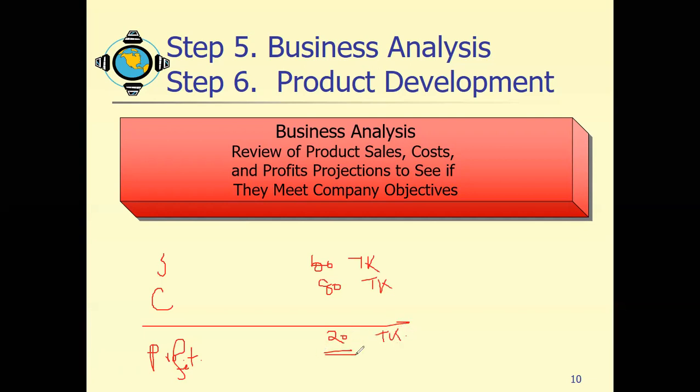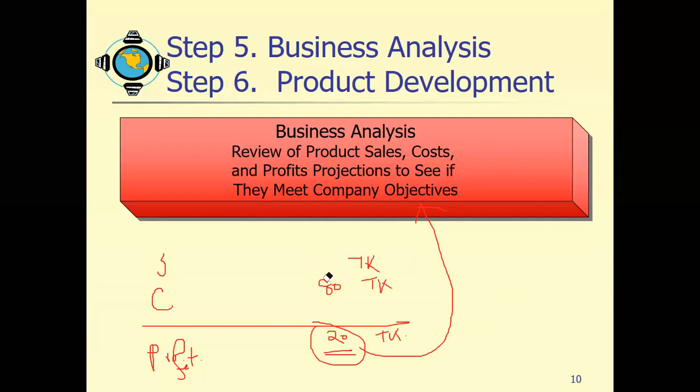If you have this positive profit, then you can make a decision. If it meets the company objective, yes, 20% profit was my objective, so it fulfills my objective. So let's go for making a positive decision. Let's go for product development.